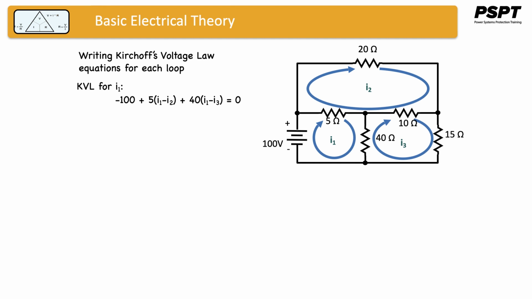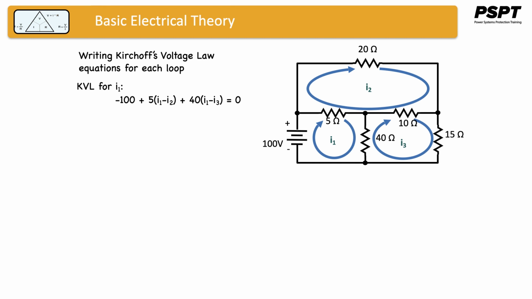And the voltage drop across the 5 ohm resistor is 5 times the current, which is I1 minus I2, because I2 is going against I1. It has to be subtracted. And the voltage drop across the 40 ohm resistor is 40 times I1 minus I3. And again, I3 is opposing I1, so it shows up as a minus sign when going around the loop number 1. And all of those voltage drops have to add to 0.